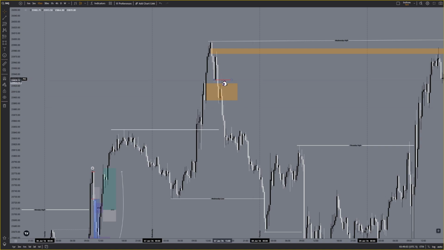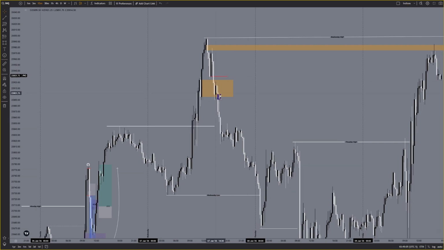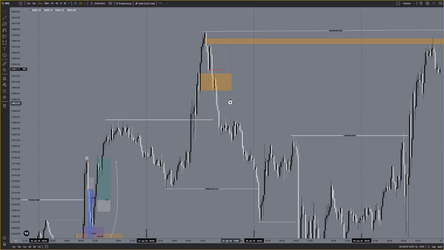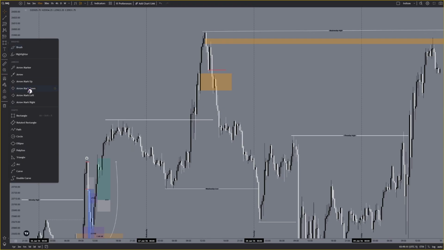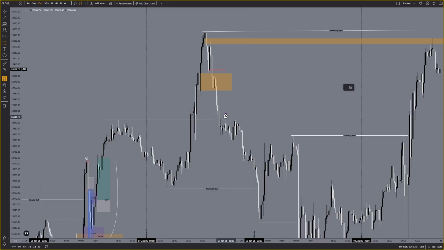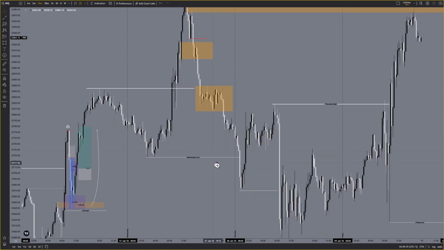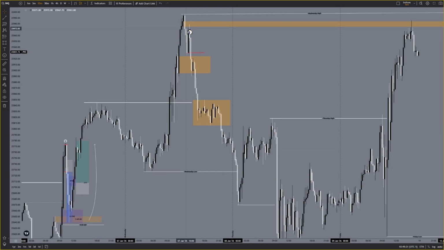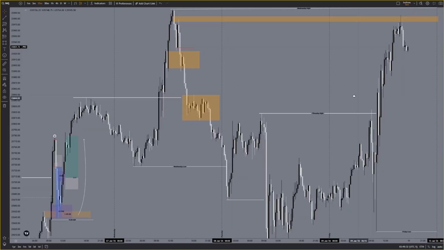Price respecting that break, respecting that mitigated order block, and then price sends itself off lower and traveling all the way down into breaking the low of the day, which is a huge PD array for us into the downside. So we had that distribution and then that redistribution going into the downside and taking Wednesday's low. So that's very quick, simple. Everything else you could pretty much study.